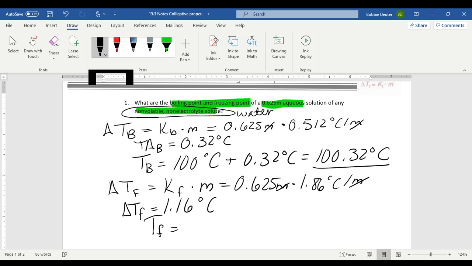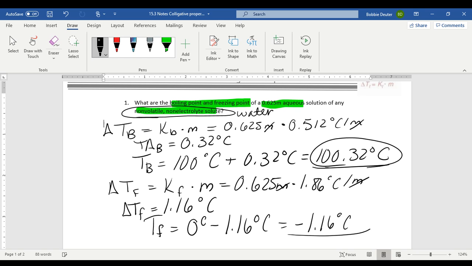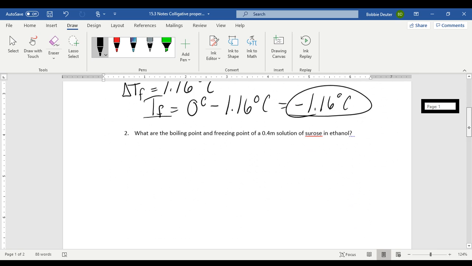We're going to add something to it so it's going to drop below freezing. So we start with the freezing point of water, which is 0 degrees Celsius, and we subtract our 1.16 degrees because we're depressing it, which means we're going down further, which means we have a negative 1.16 degrees Celsius for our depression point. So these two are our answers for our freezing point and our boiling point. When we add that to a solution, that's where it drops to.